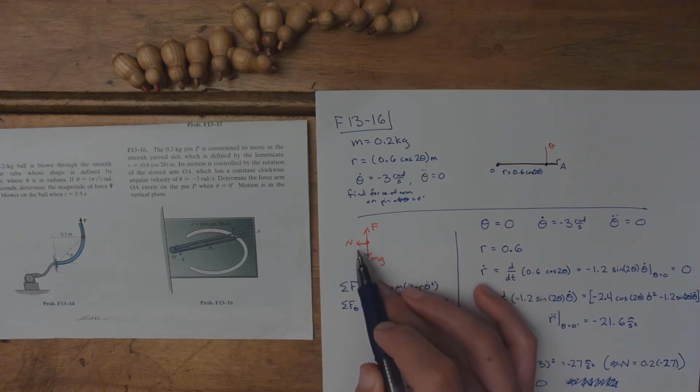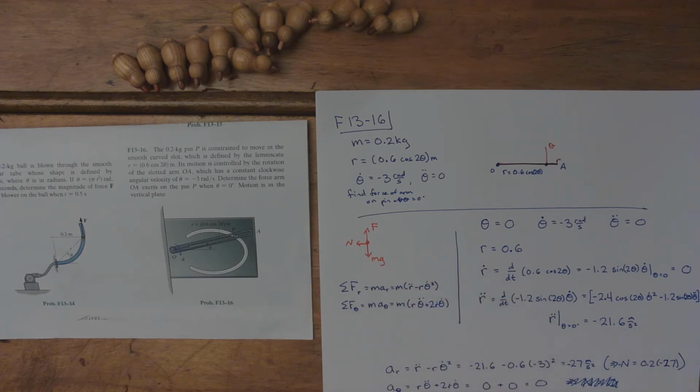I said it's acting inwards, and we don't actually need to find this force, but if you said it's acting outwards, you would figure out by the sign that it was actually acting inwards, so that would be fine. If you don't know what direction it's acting in, as long as you know it's perpendicular to the surface of contact, you can figure out whether it's inwards or outwards by looking at the sign.